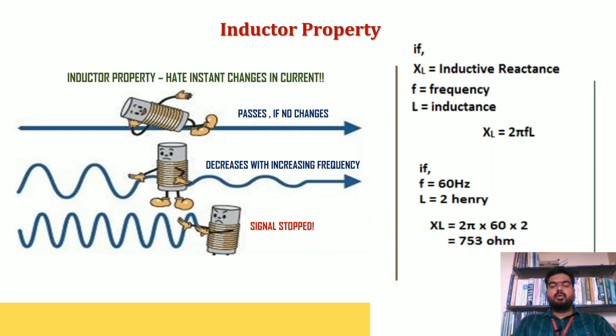That means if you pass 60 hertz current to the inductor, it will produce 753 ohm reactance to the AC signal, so it won't allow the AC signal; it will be stopped. So this is the inductor property, represented clearly by the images on the left side of your PPT. But in the case of DC, it will directly pass through the inductor, because DC does not have any frequency component, so it automatically allows the DC.